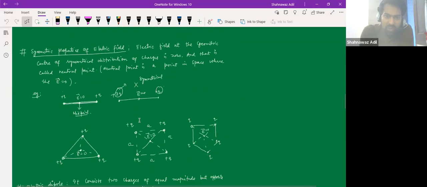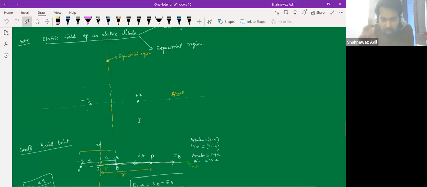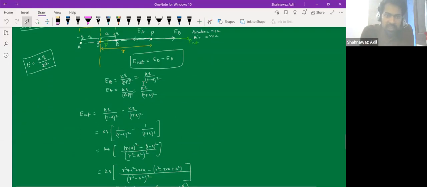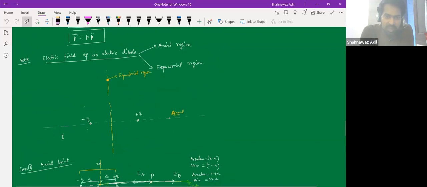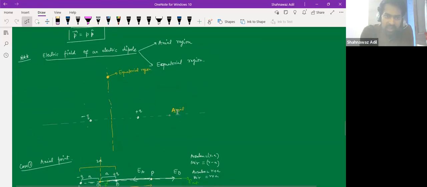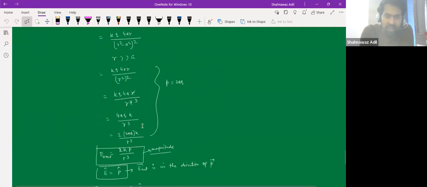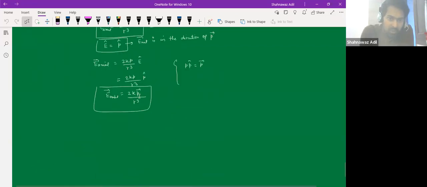We did one part. So we understood that there are two positions of a dipole. One is called the axial position. This line is called the axial line, and this line is the equatorial line. So we already calculated the electric field due to the dipole on the axial point, and that came out to be 2kp by r cube, where this p vector is the dipole moment.